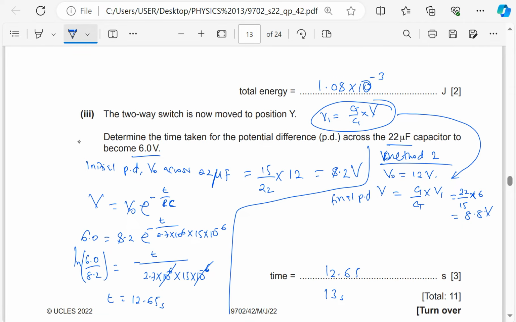So I repeat with the same formula: V, which is 8.8, should be equal to V naught, which is 12 volts, times e power minus t divided by R, which is 2.7 times 10 to the power of 6, times C, which is 15 times 10 to the power of minus 6.